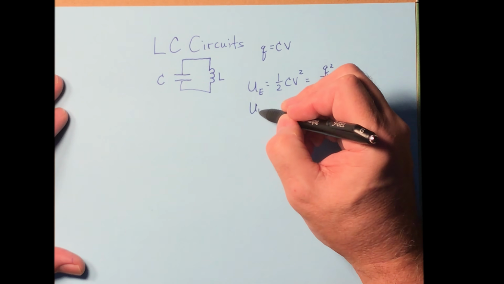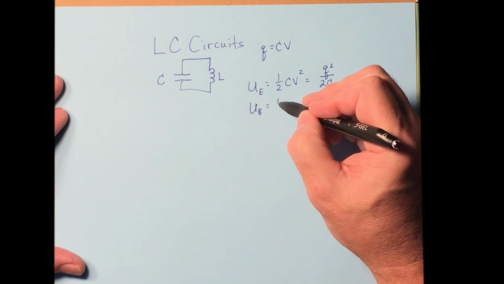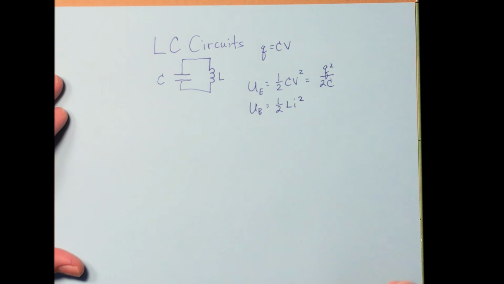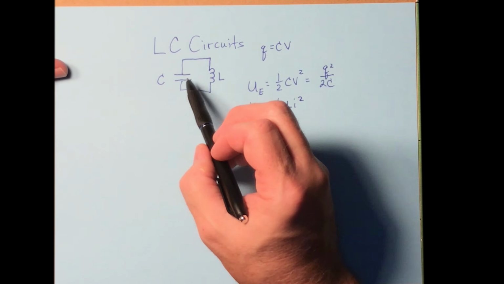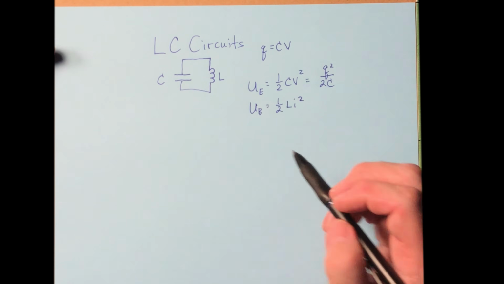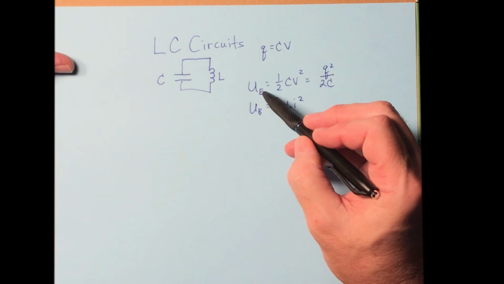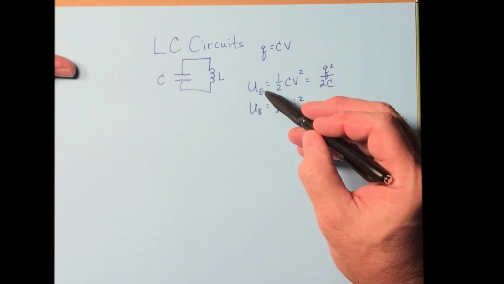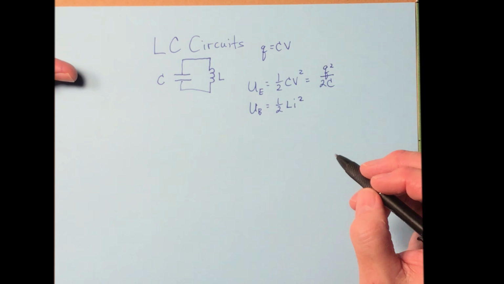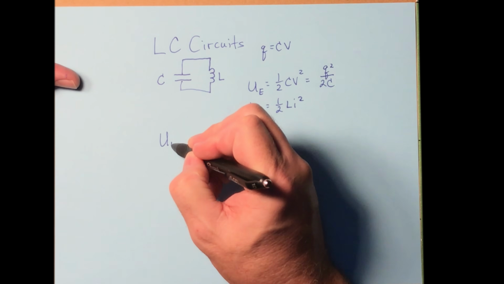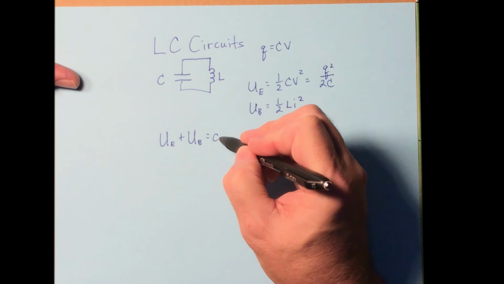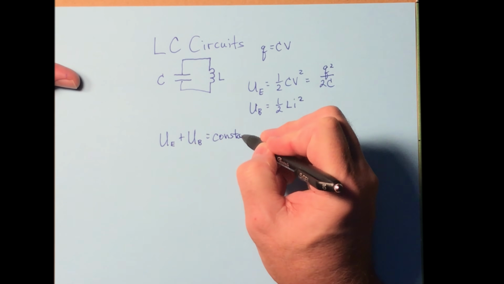The energy that's in the magnetic field, we can write as 1/2 L I squared. Now, if there is no resistance here, and the energy is just transferring back and forth, then this energy plus this energy at any specific time is going to be a constant. In other words, U sub E plus U sub B is going to be equal to a constant.